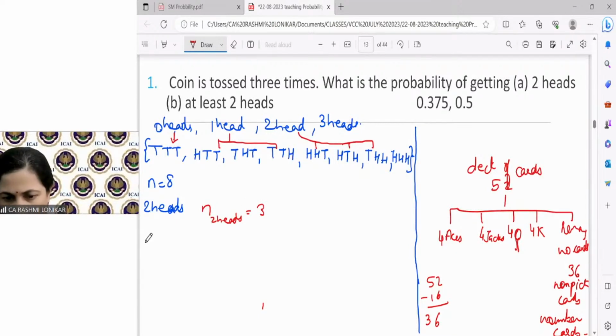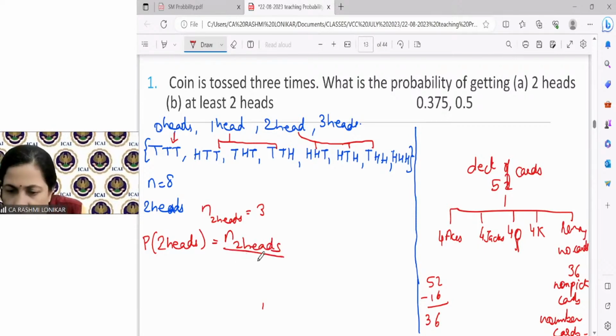So what is the probability of getting 2 heads is n of 2 heads upon n. N of 2 heads is 3 upon n is 8. So 3 by 8, or you can have it in decimal as 0.375.